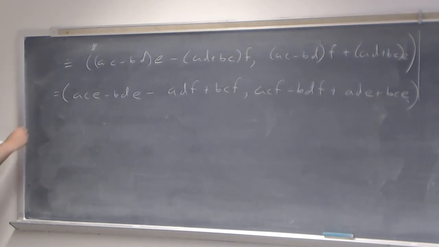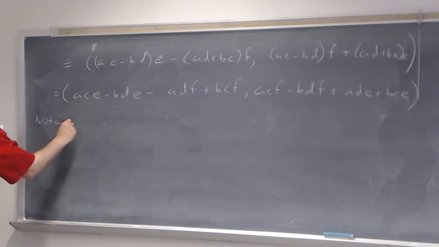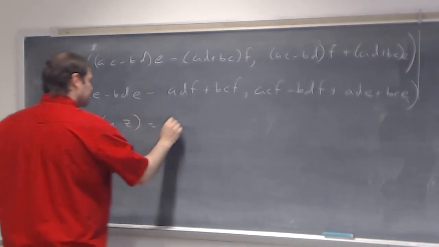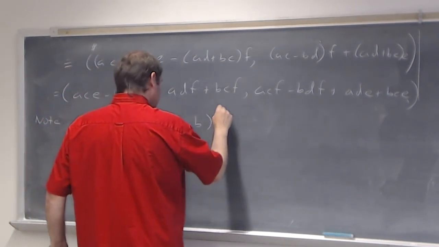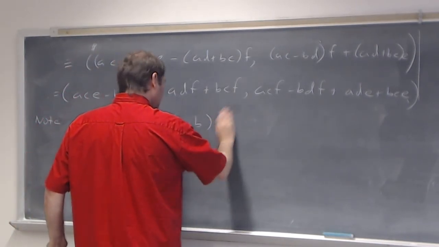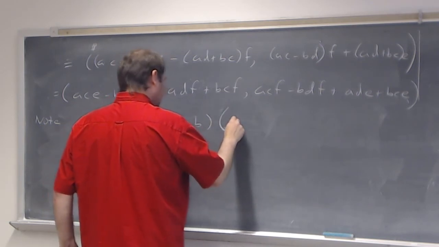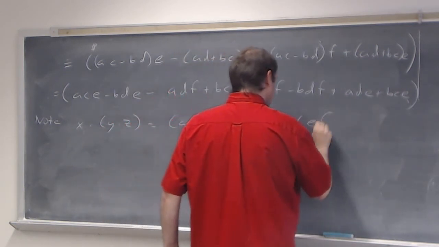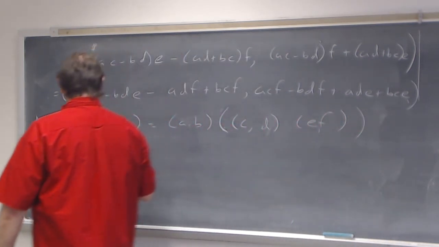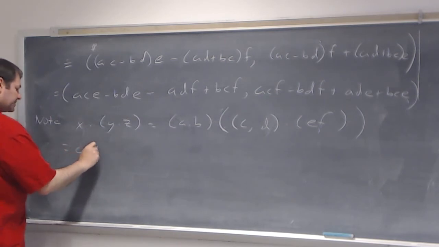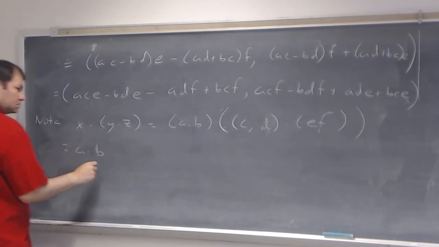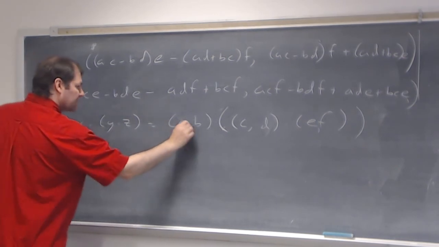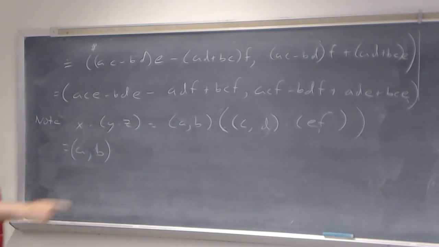And then I'm going to look at x times y times z, and that's going to be equal to x times, if you will, y times z. That's going to be (c, d) times (e, f), and that's going to be equal to (a, b) times the product.